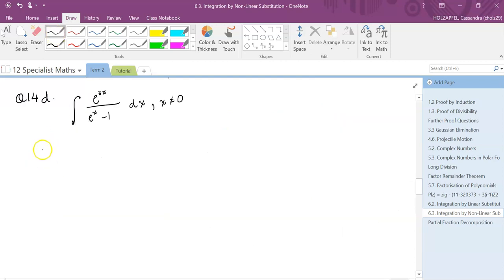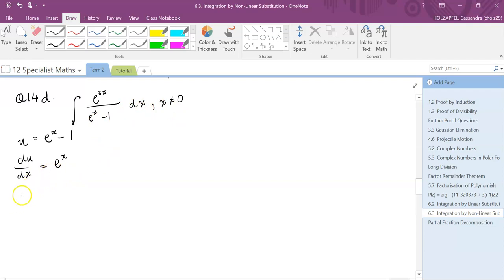Alrighty, last one. So again, I'm just going to choose this bottom function here to be equal to u. So u is equal to e to the power of x minus 1. The derivative of u with respect to x is going to be equal to e to the power of x. So what we can do is we can now substitute this value into here.